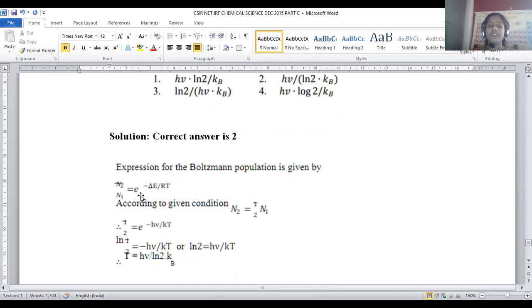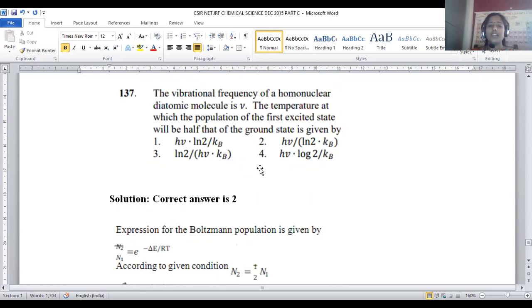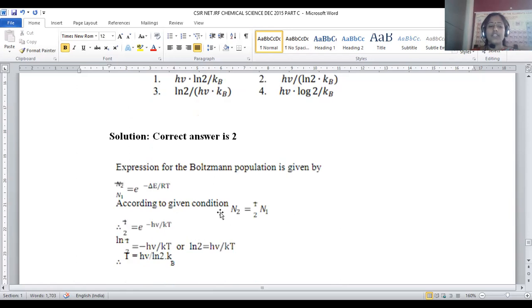That is N2 by N1 is equal to e to the power minus delta E by RT, the formula in order to extract the relation for the vibrational frequency of a diatomic molecule at the ground state.